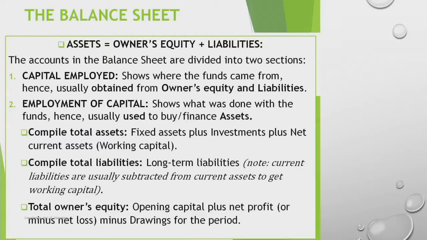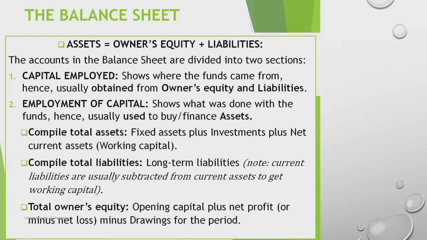The balance sheet. Assets equal owner's equity plus liabilities. The accounts in the balance sheet are divided into two categories. We have capital employed, which shows where the funds came from, usually obtained from owner's equity and liabilities.